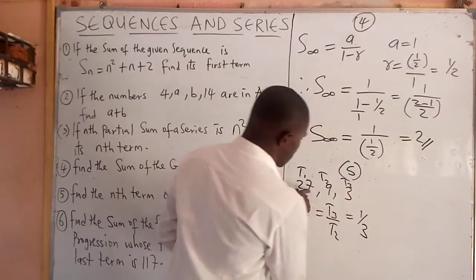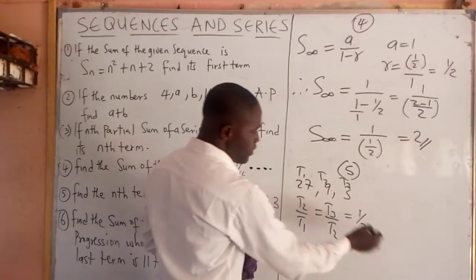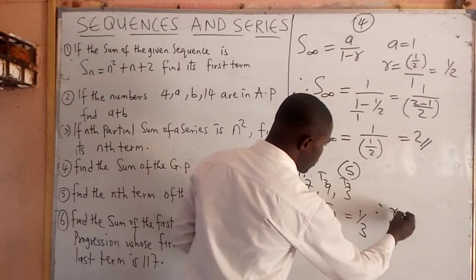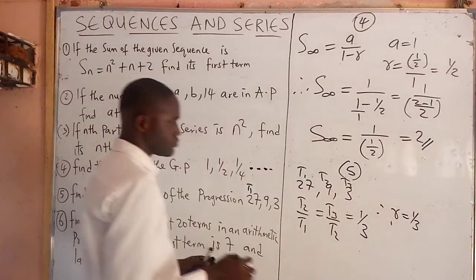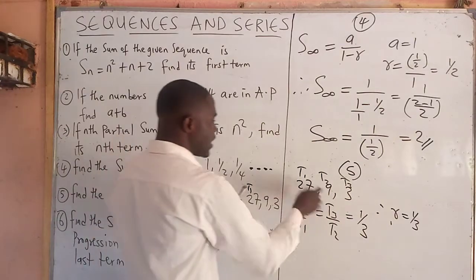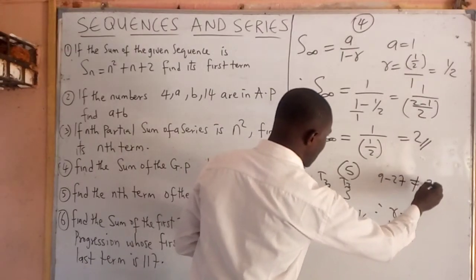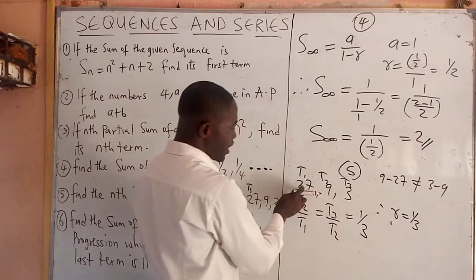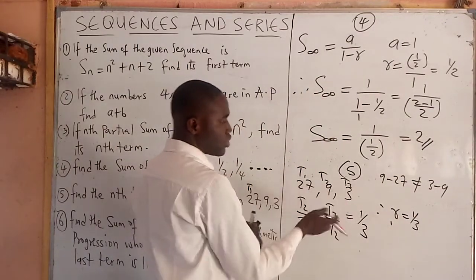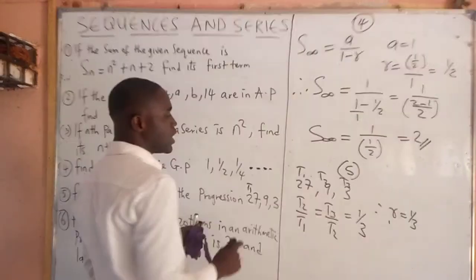So, if this over this is the same thing as this over this, it means that R equal to 1 over 3. It means that it is a GP, not an AP, because 9 minus 27 is not equal to 3 minus 9. So, it's a GP, not an AP.